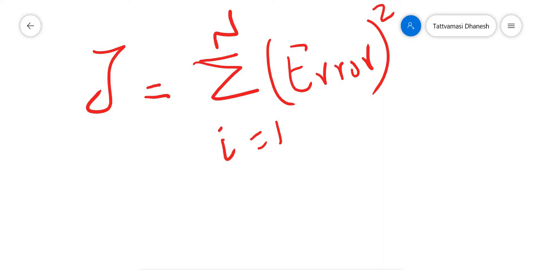One more thing I want to tell you: this cost function depends on two parameters. One is the weight and another one is the bias. See, what is weight and bias?